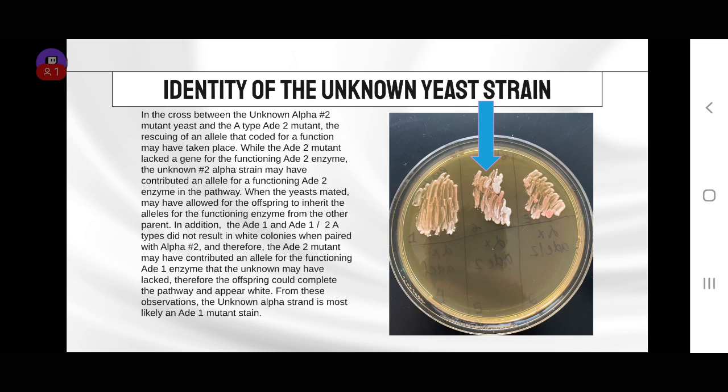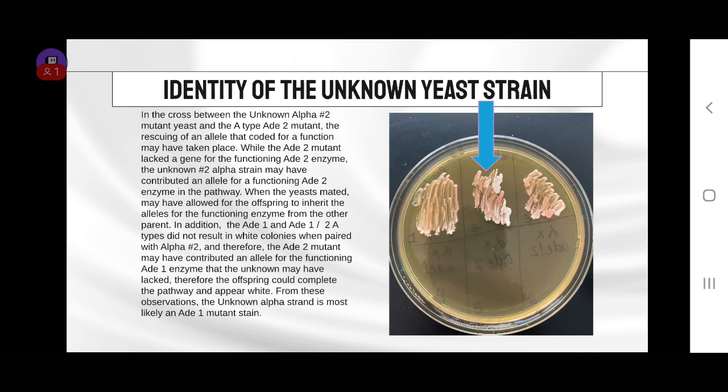In the cross between the unknown alpha number 2 mutant yeast and the A-type ADE2 mutant, the rescuing of an allele that coded for a functioning enzyme may have taken place. The ADE2 mutant lacked a gene for the functioning ADE2 enzyme. The unknown number 2 alpha strain may have contributed an allele for the functioning ADE2 enzyme in the pathway.